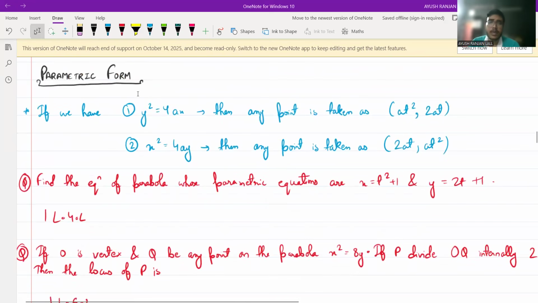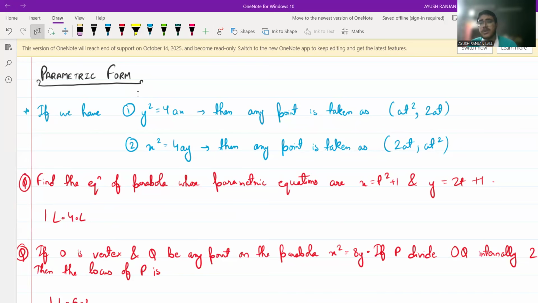Next, parametric form. In parametric form, I have always told you that they always give some parametric form. Always try it. So y square equals 4ax: put at square comma 2at. Is it satisfying? Yes, 4a square t square equals 4a square t square automatically. Same to same I have said for the circle.